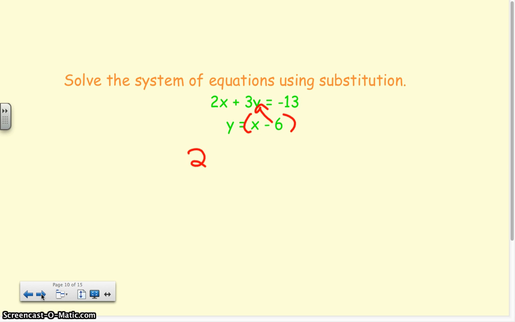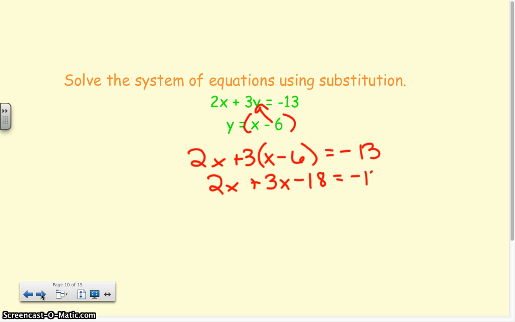Now I rewrite 2x plus 3 times y, but y is all that, is equal to negative 13. Distribute: 2x plus 3x minus 18 equals a negative 13. Combine like terms, 2 plus 3, I have 5 x's, minus 18 is equal to negative 13.